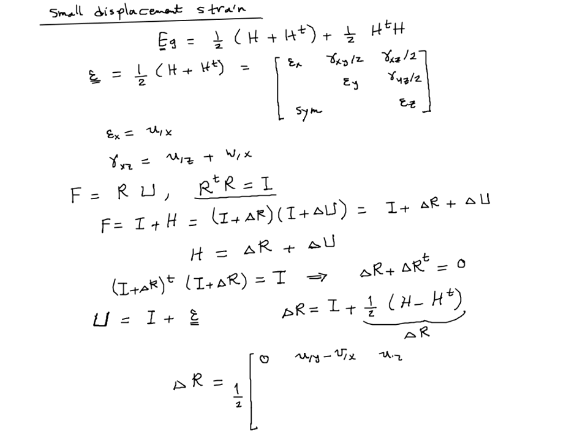This will be u comma z minus w comma x. This is again 0. This is going to be v comma z minus w comma y, 0, and skew symmetric. So I don't have to write down the rest of the components.